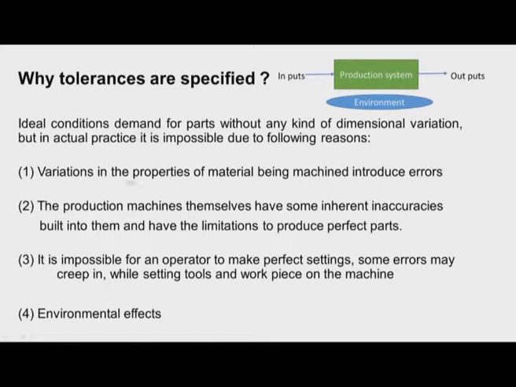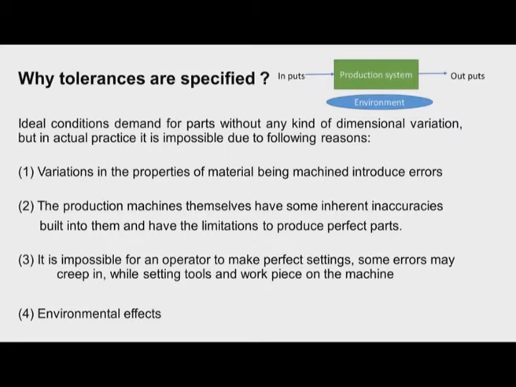The reasons are variations in the properties of the material being machined. For example, the metallurgical property may vary from one place to another place in the raw material. At some places it may be very soft, at some places it may be very hard, and the thermal property of the workpiece also affects the dimensions. And then the production machines themselves will have some inherent inaccuracies built into them.